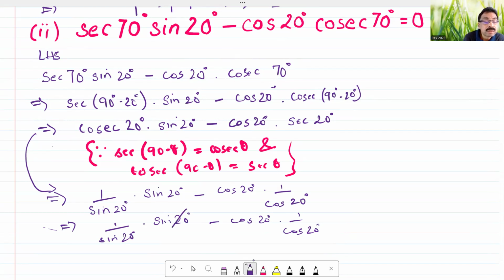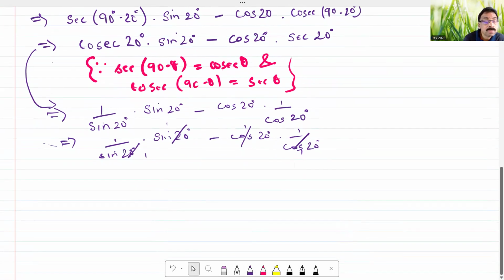Because this and this get cancelled, this and this get cancelled, so you have here the first term is 1 into 1, which is 1.